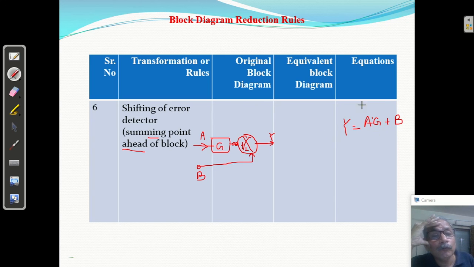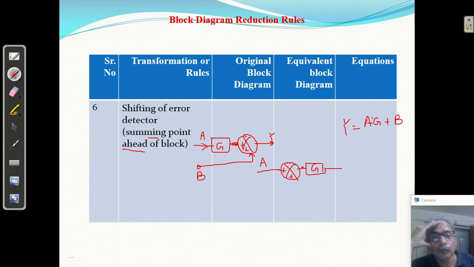Now only I want this. How will you get it? I have to shift this error detector earlier. Okay, so this is G. I want the error detector here, plus, plus. This is plus, and this is also plus. This is A.